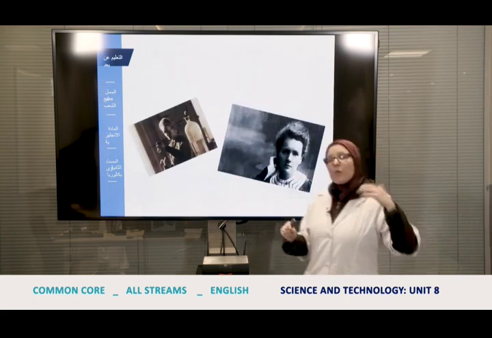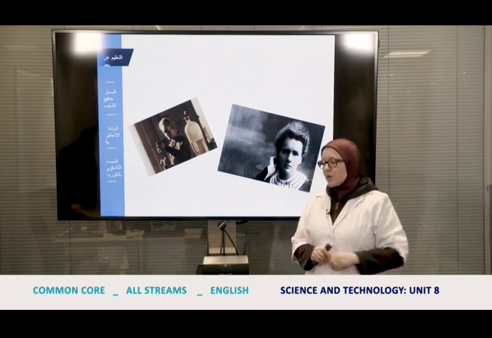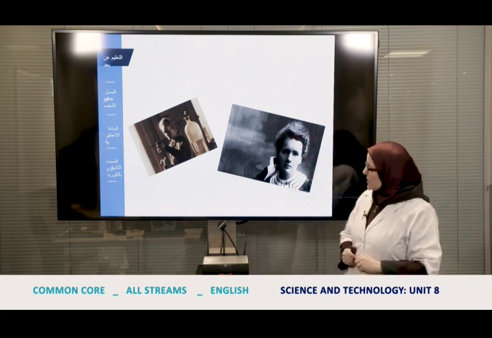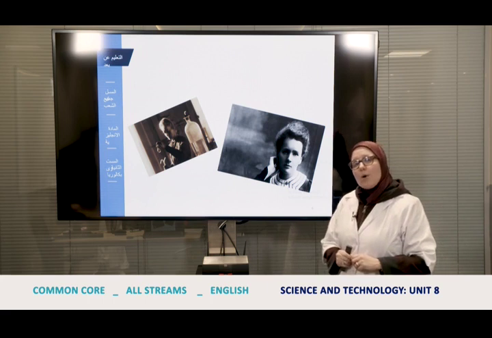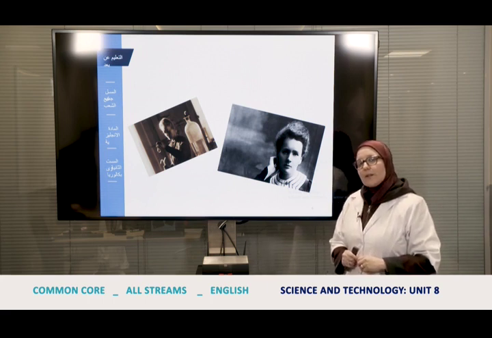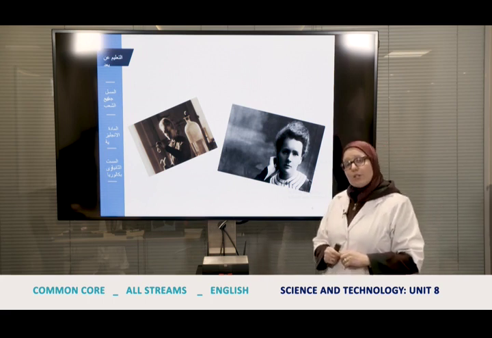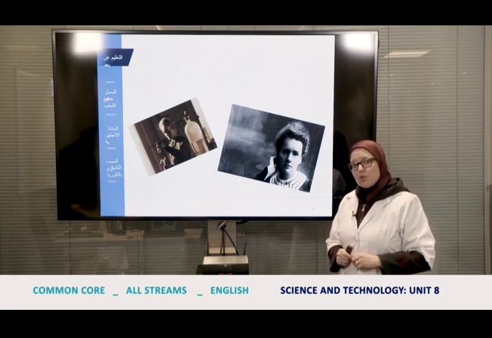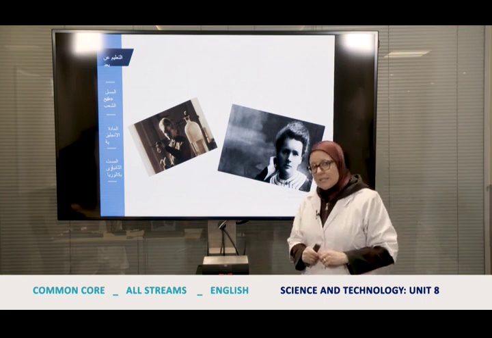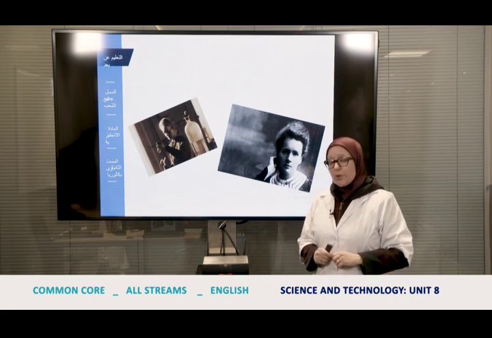Now move on. I already told you that we were going to move on to this picture later on, and that's the time for this picture. Do you know this woman? This woman is considered to be one of the most important scientists in the whole world.